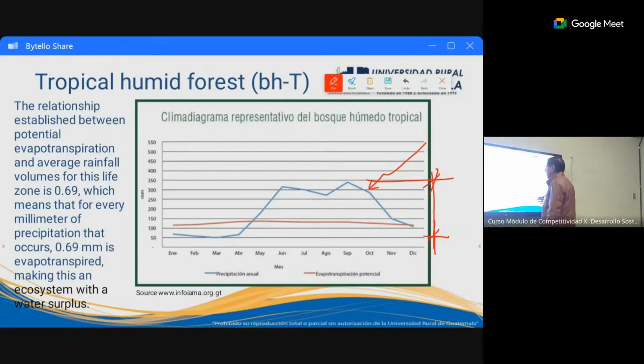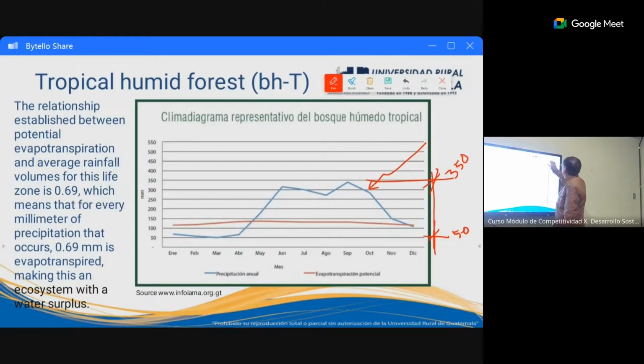Okay, here. So we can see that it varies between 50 millimeters to like 350 millimeters of rainfall.